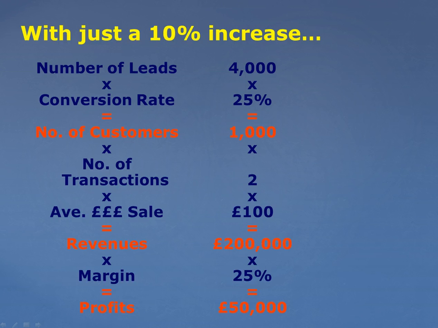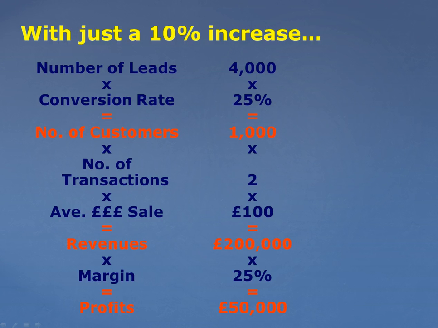That gives you your number of customers, which again, you want to know. Then we're going to work on how often they come back. Now this one's a bit harder to work out in most companies because we're looking for the average number here. I know most people think, oh, a lot of our business is repeat business, but when we get down to measuring it, then we're going to start to find out the results.